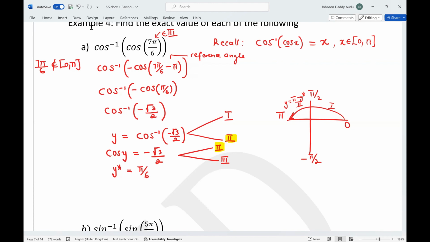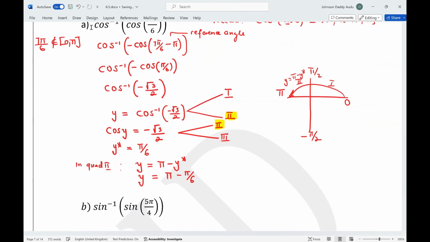You can see that we didn't need to bother about the minus. Now, since we are in quadrant 2, the original y is going to be pi minus y star. So y is just going to be pi minus pi over 6.